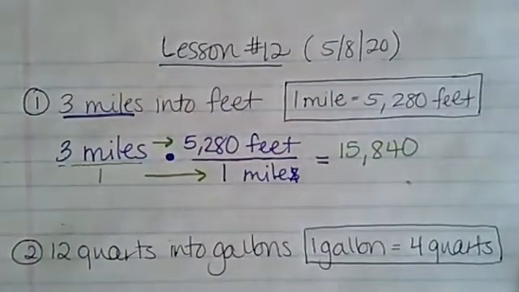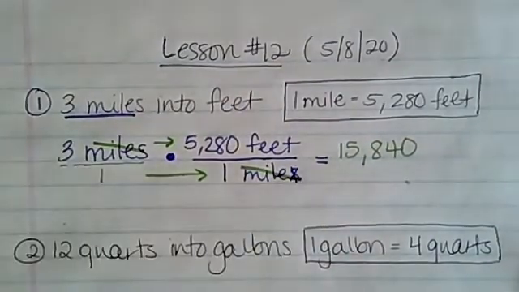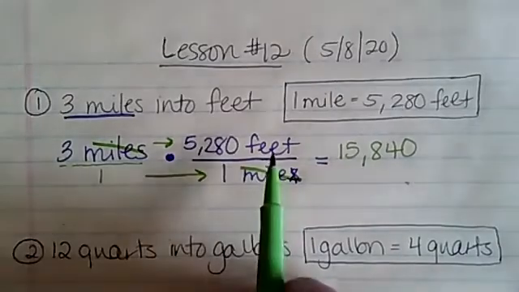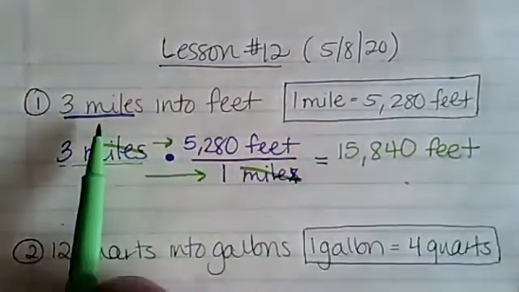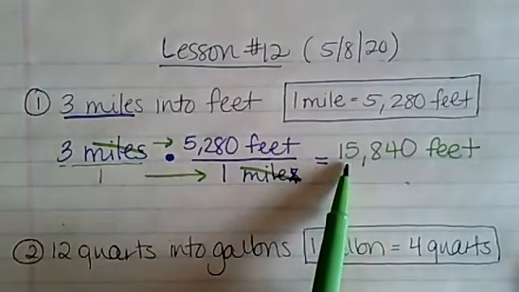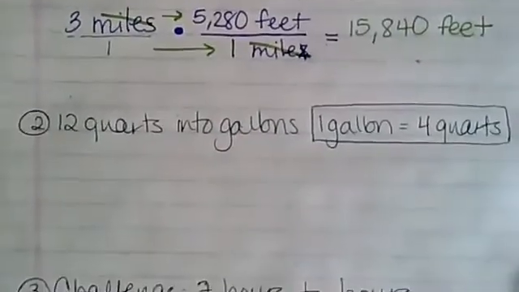Now what is the units? Miles and miles, because units cancel diagonally, okay? So the only unit that's left is feet. So 3 miles equals 15,840 feet, right?